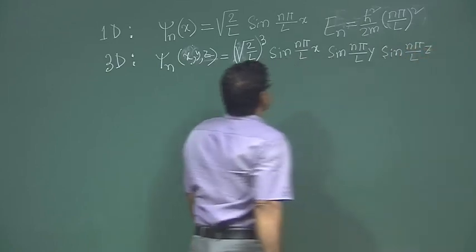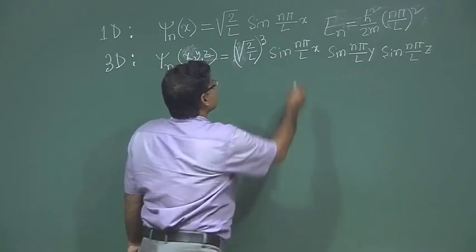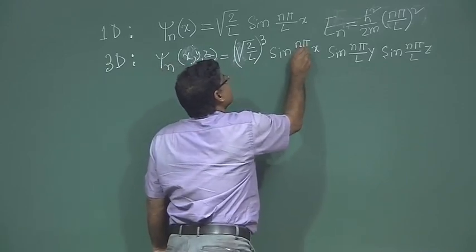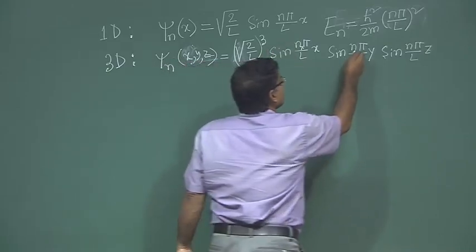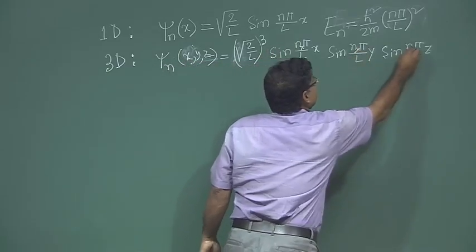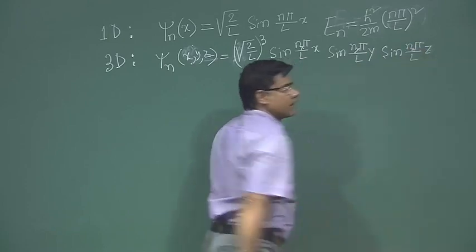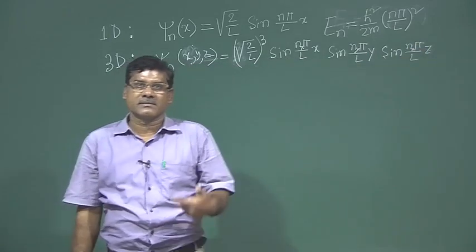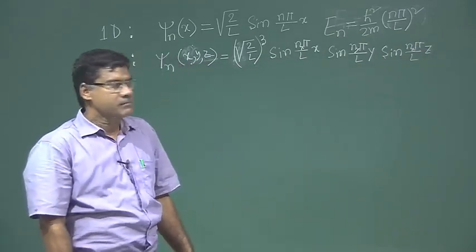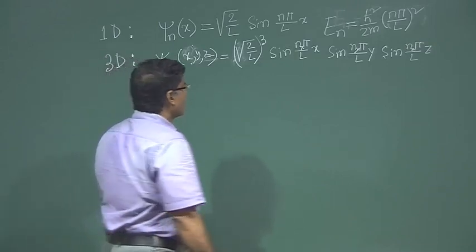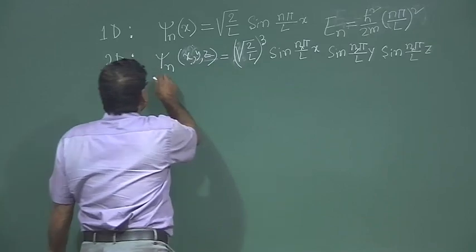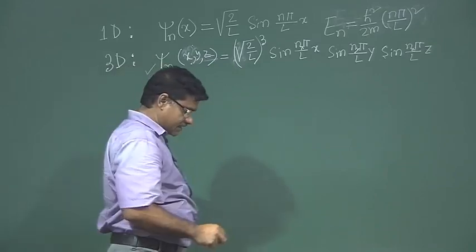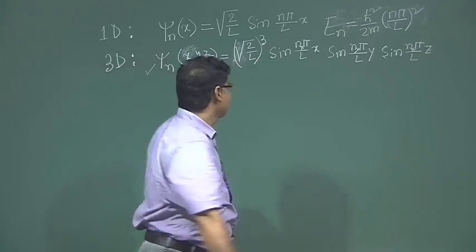Okay. So, now it is not n, one has to write n x, n y, n z. Now, n x, n y, n z are 3 quantum numbers, and this wave function is basically a standing wave.